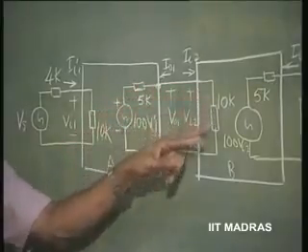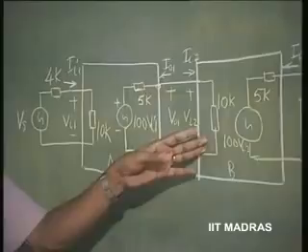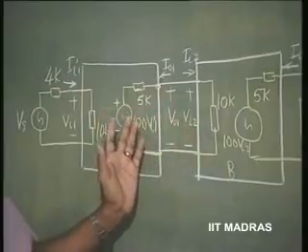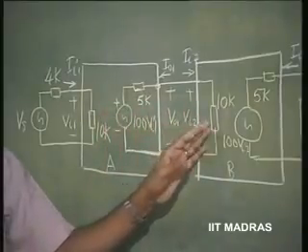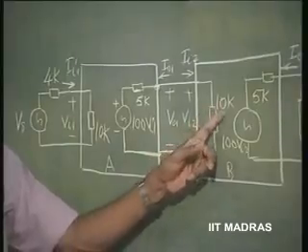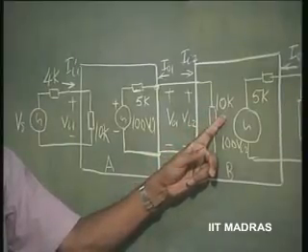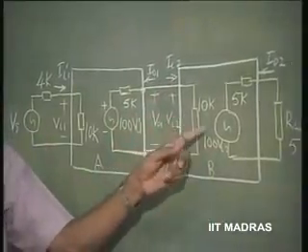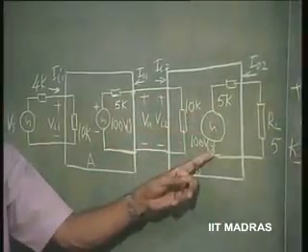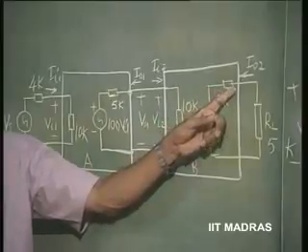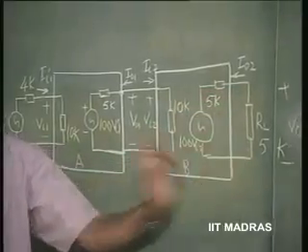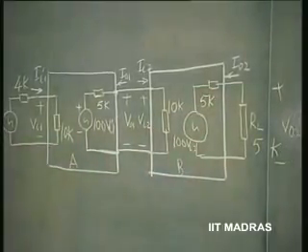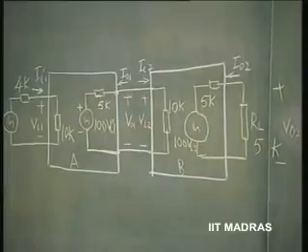It is connected to another amplifier. The load for this amplifier is going to be the input resistance of the next amplifier, so that is 10K. And it has again 100 times Vi2 as the open loop gain, and a series resistance of 5K and a load resistance of 5K. This is the pictorial depiction of the problem.